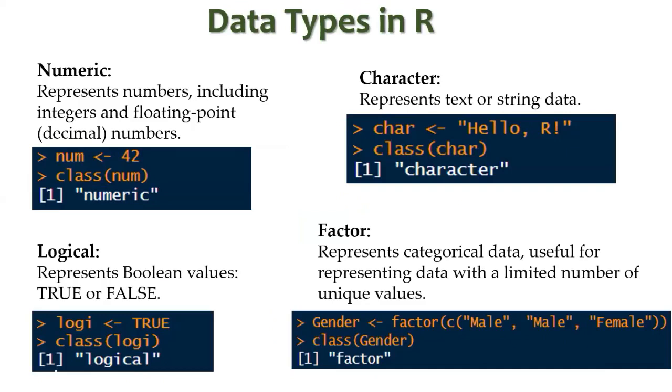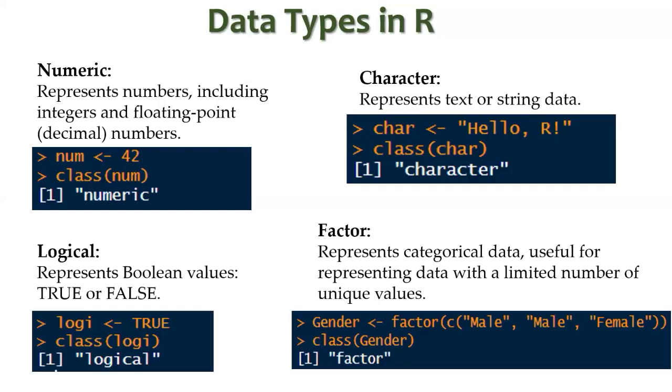So that is what we'll be looking at. Numeric data types represent numbers, including integers and floating point. A floating point is just a decimal number. But in R, you see that it is denoted by double. So whenever you see the double data type in R, it's just telling you that it's a decimal number.